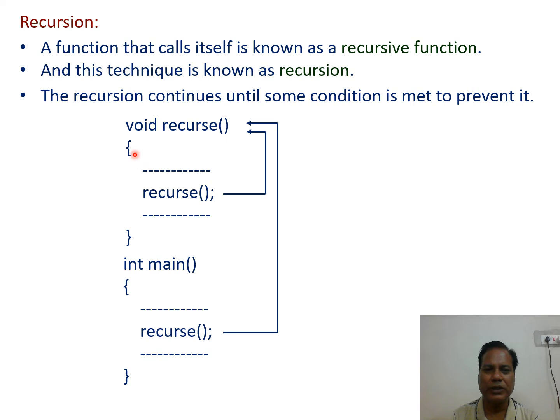Then the body of this recurse function is executed, and again here we see that within the body of the recurse function, this function is again calling itself, recurse. So this function is called in, and then control goes to the next statement after this recalling of the recurse.